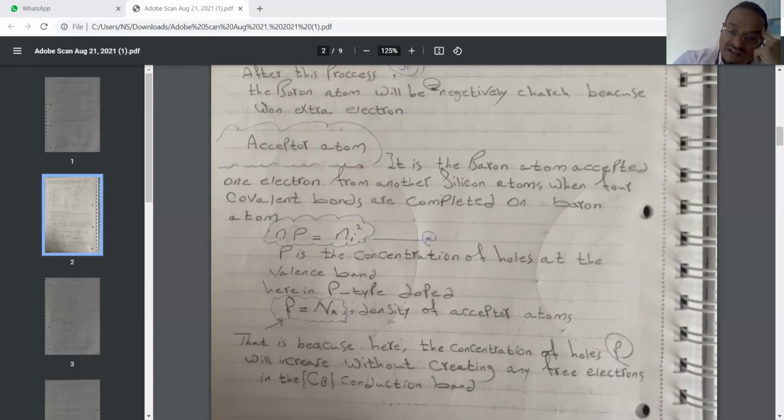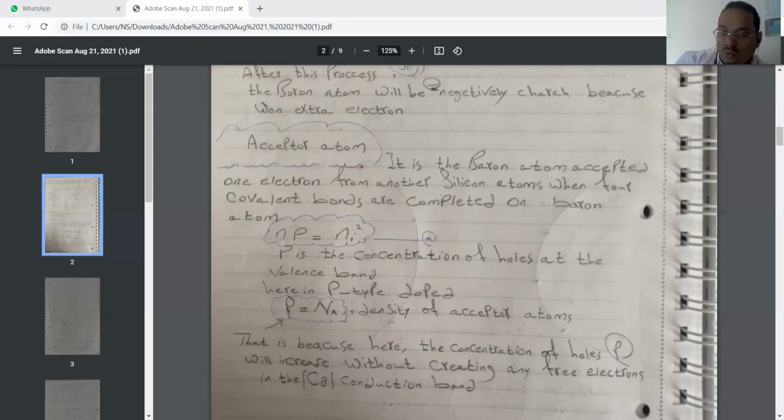Let's take something like an example. Here, p-type doped, I selected that. Let's imagine I have a question and I know which kind of doping it is. Let's say it is p-type doped. That means p equals the density of acceptor atoms. In this situation, I can know the concentration of electrons in the CB.